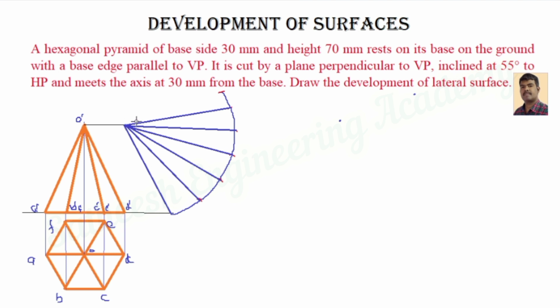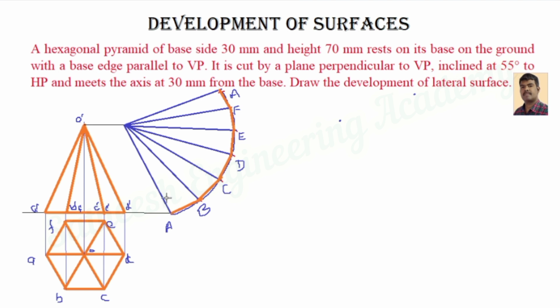In the development also you assign the letters, the same letters we considered in the top view. In orthographic it is the same, but here it is in capitals: A, B, C, D. So the initial letter and final letter are both the same. Clear? So now it is a pyramid, therefore the base edges are straight, so you join straight edges between A, B, C, D, like that.